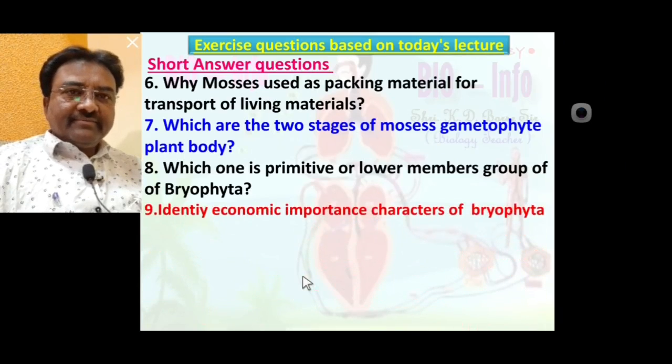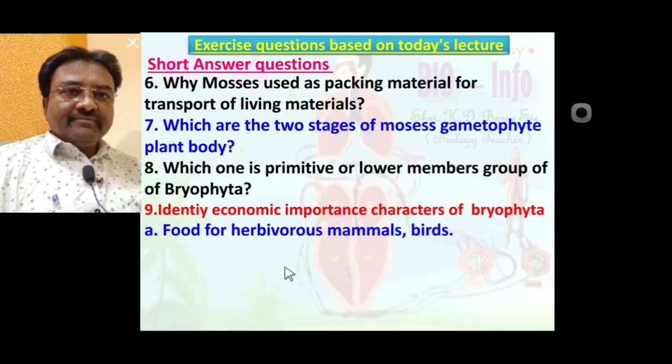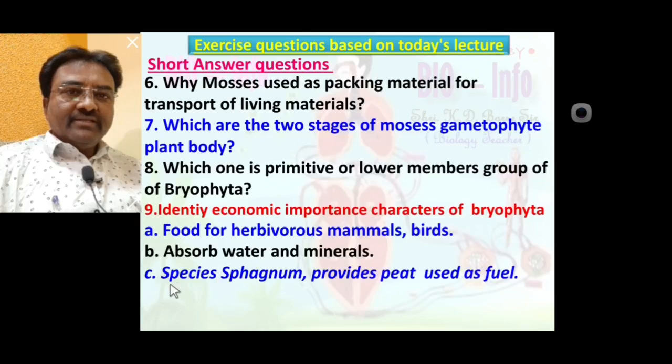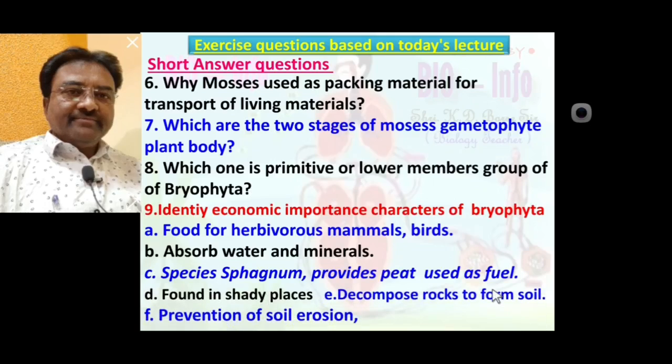Number 9, identify economic important characters of Bryophyta. A, food for herbivorous mammals and birds. B, absorb water and minerals. C, species of sphagnum provide peat used as fuel.